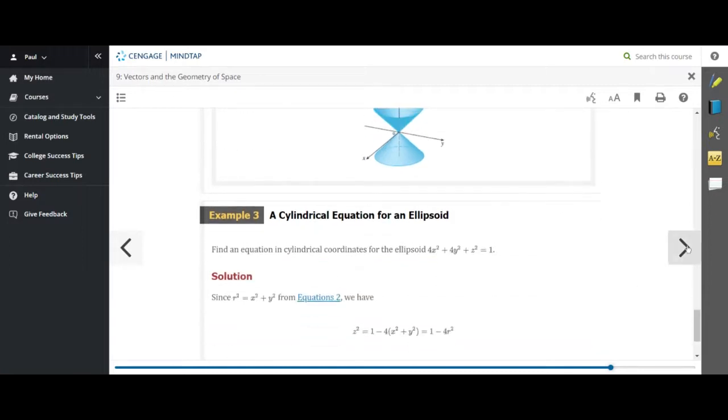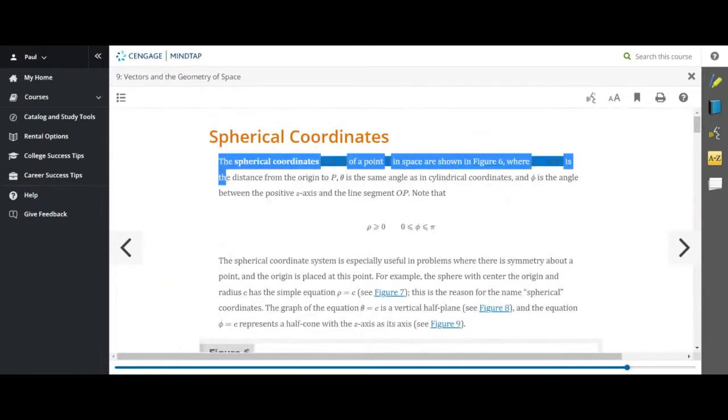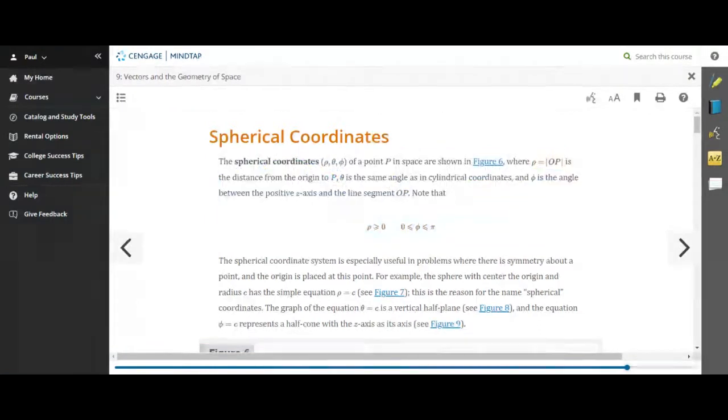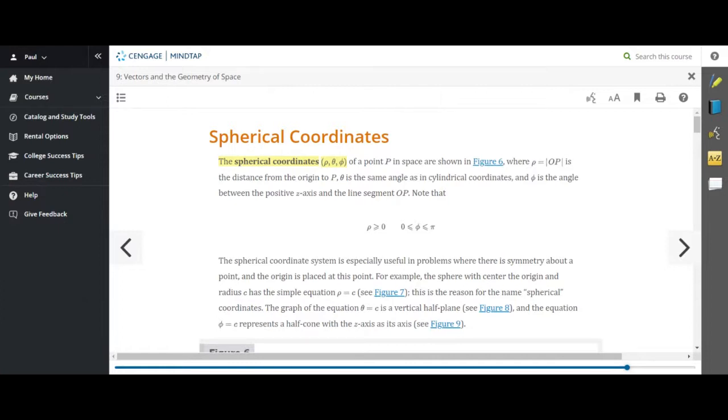So in spherical coordinates, you have what's called a Greek symbol rho, which is a radius, but a different radius than the polar coordinate radius.